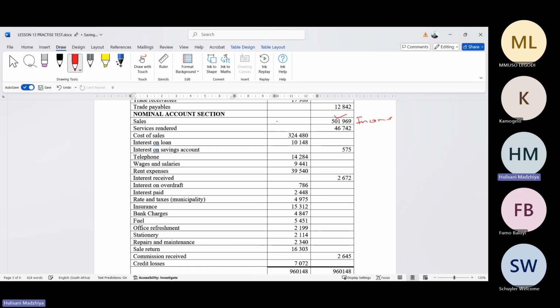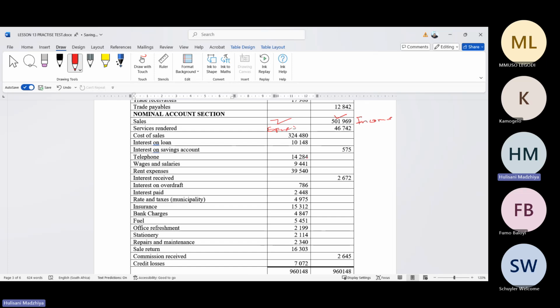Everything on the nominal section represents your expenses. However, not all of the expenses listed here will be classified as operating expenses. For example, interest on loan cannot be classified as an operating expense because we're incurring it from money that we borrowed, which is not part of the business operation.